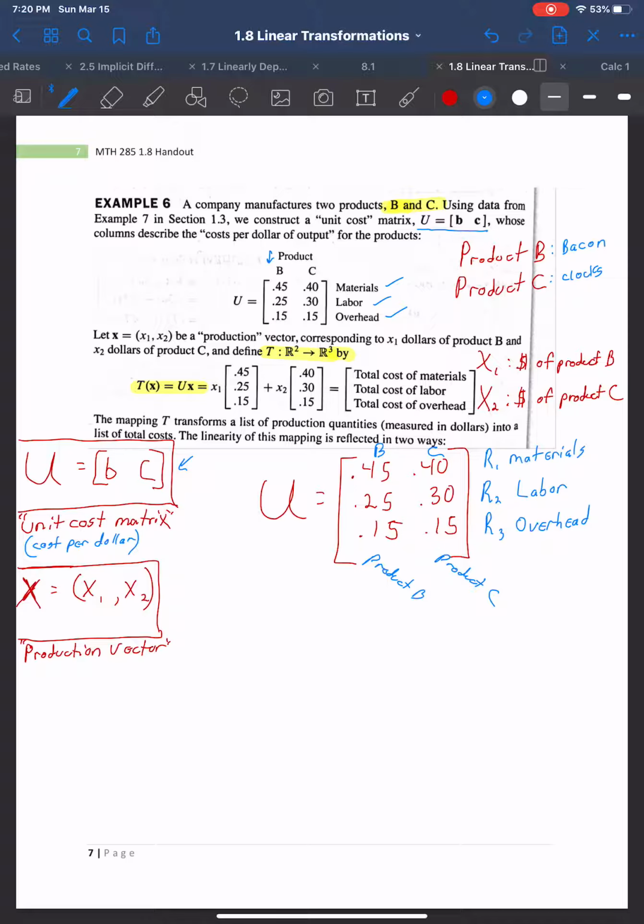Now, it says let x, so that's your vector, let x be a production vector. Okay, a production vector.